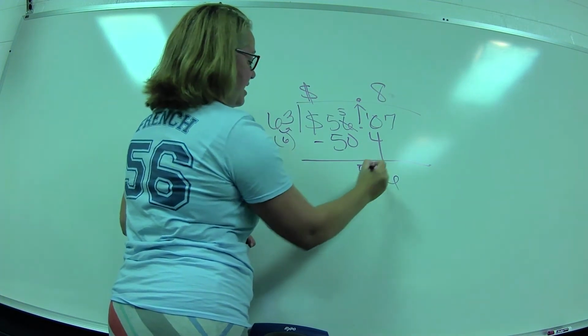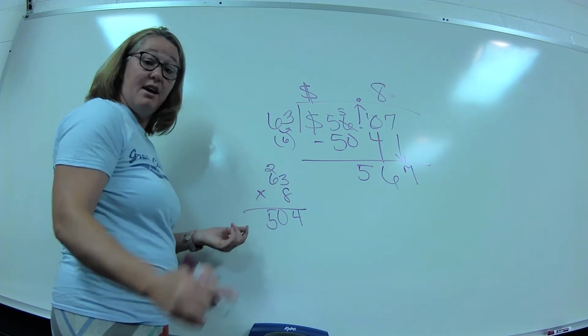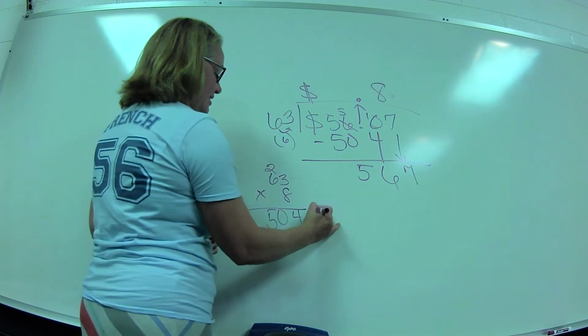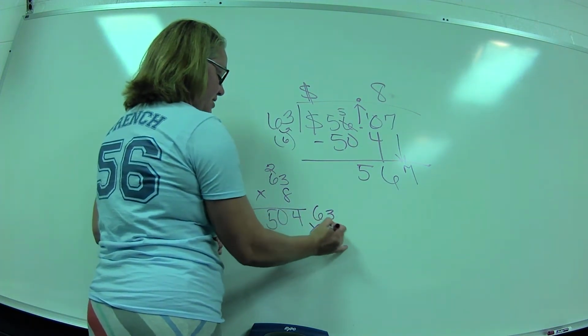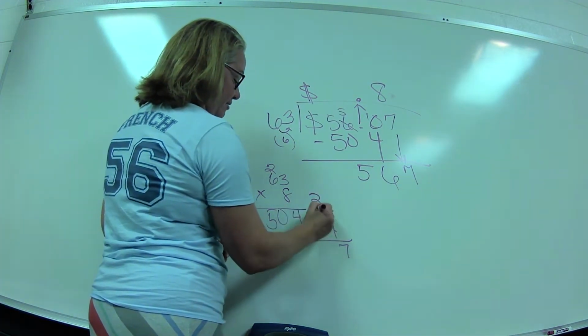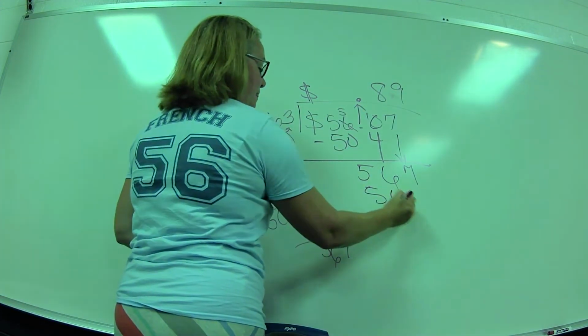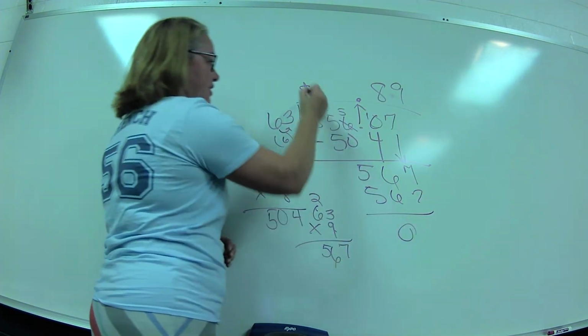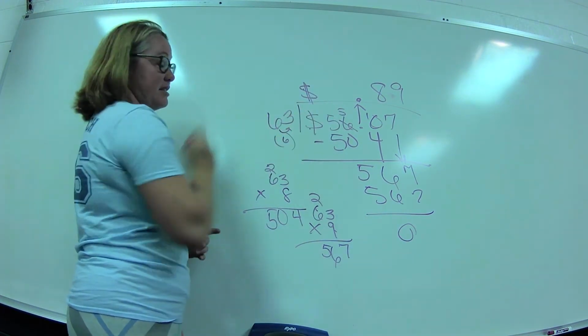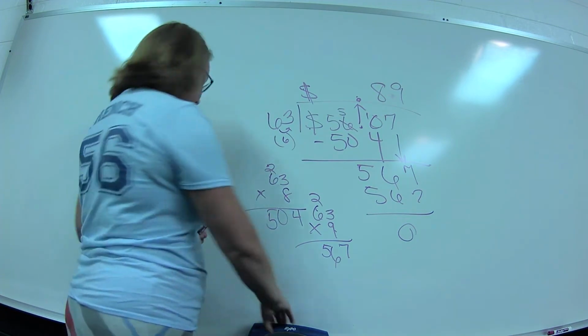This will be a 5. Let's bring down the 7. 567. Hey, wait a minute. We just had 567, didn't we? 63 times 9. And we had 27. 54 plus 2. And there we go. But notice I have a dollar sign because I'm talking about money. And my decimal is right before the cents.